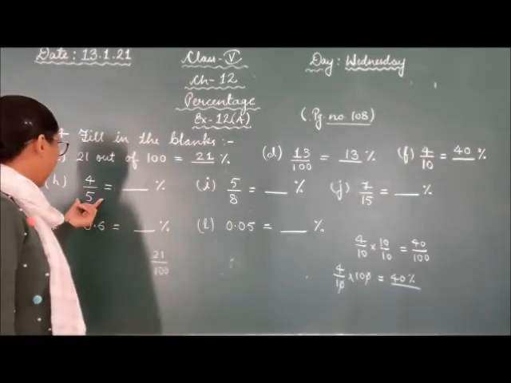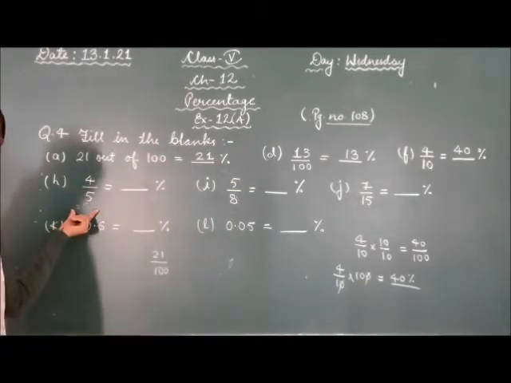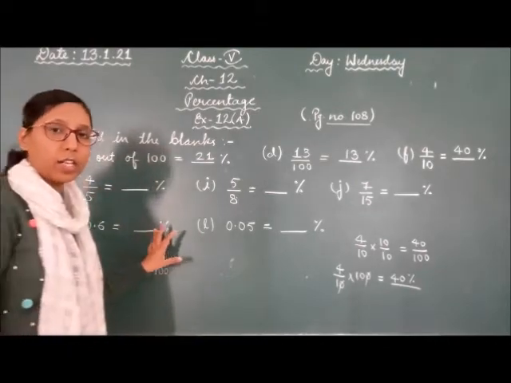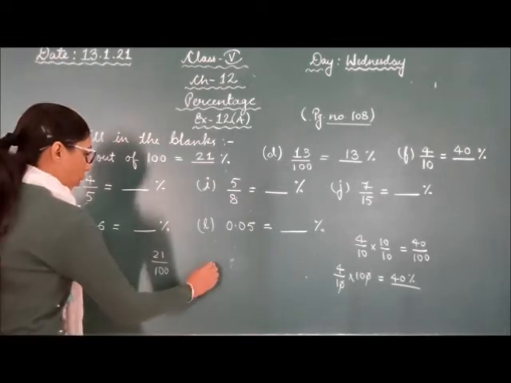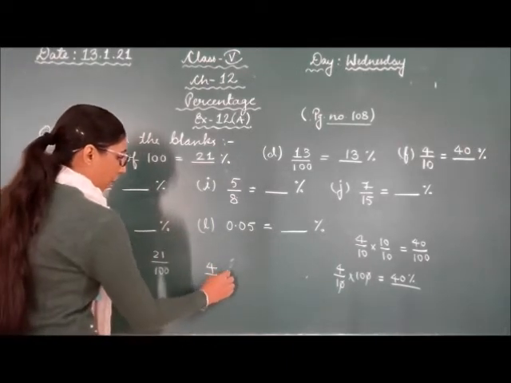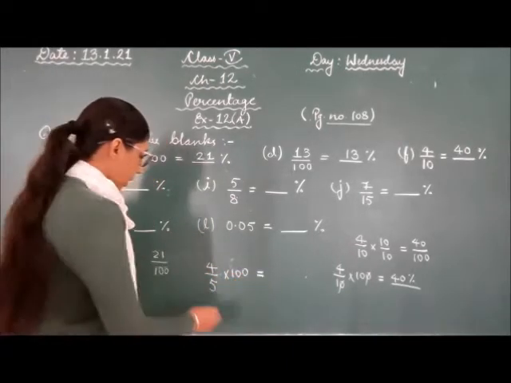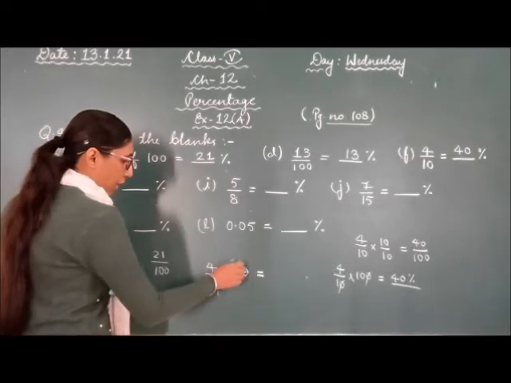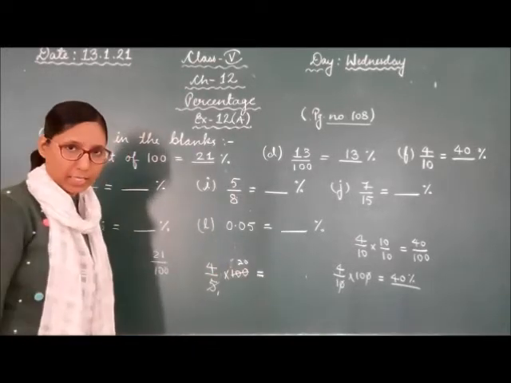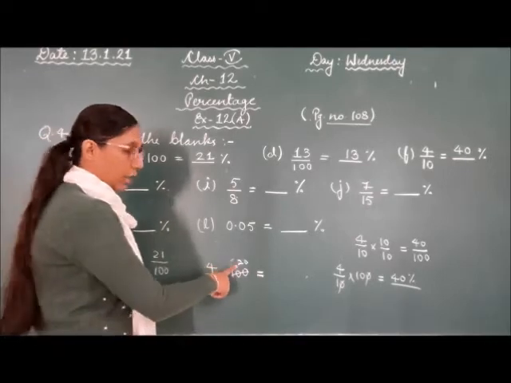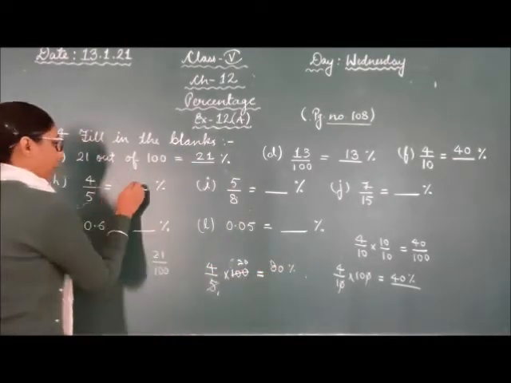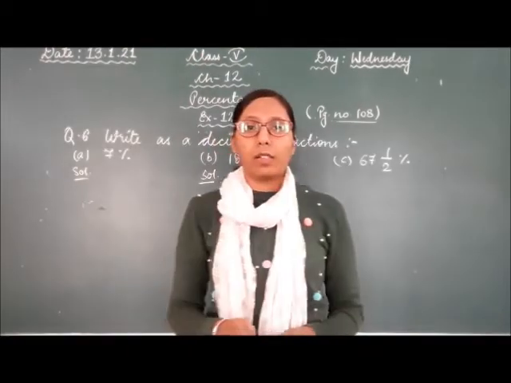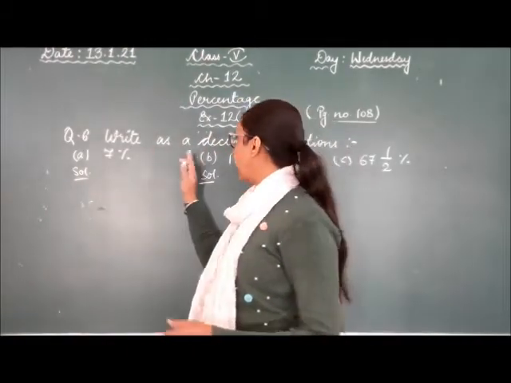Now in this one again we are going to multiply this fraction by 100, so that our answer will come in percentage. So 4 by 5 multiply by 100, and with the table of 5, 100 can be reduced 20 times, and 4 into 20 is 80. So the answer will be 80%.